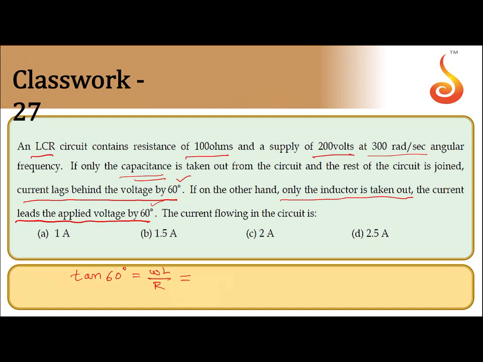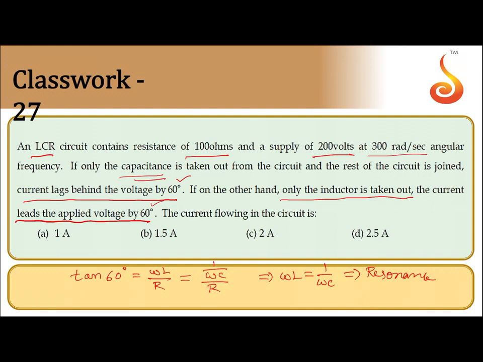Same tan 60, because here also it is 60, it will be equal to 1 by omega C divided by R when only inductor is removed. So this means omega L is equal to 1 by omega C. That means the circuit is at resonance.